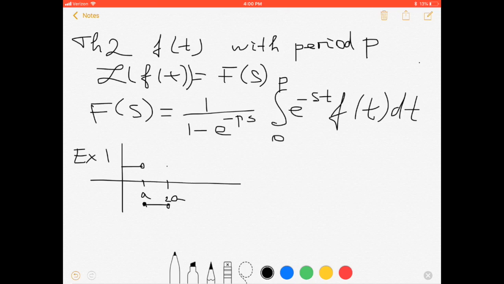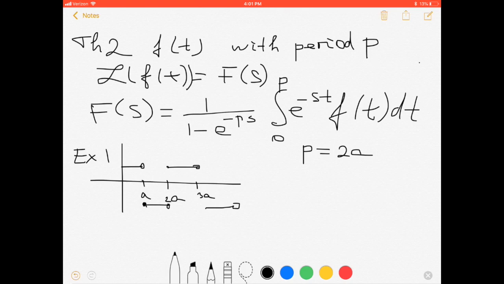This is open. Then again 1, and then I guess negative 1. As you can see, this is a periodic function. The period p here is 2a. This means the smallest interval where your function covers all possible values.